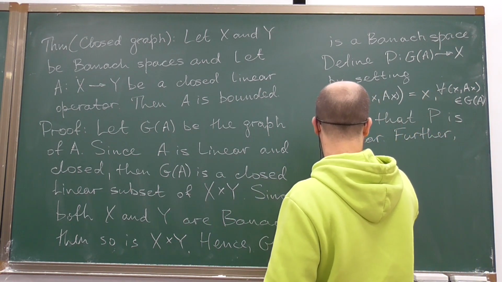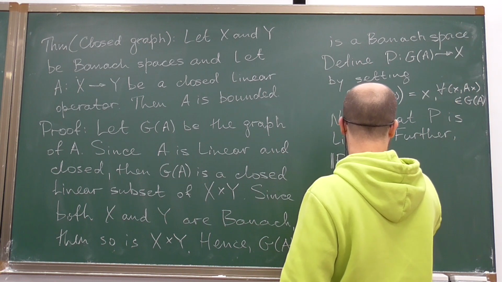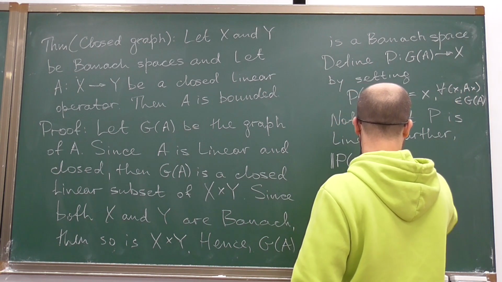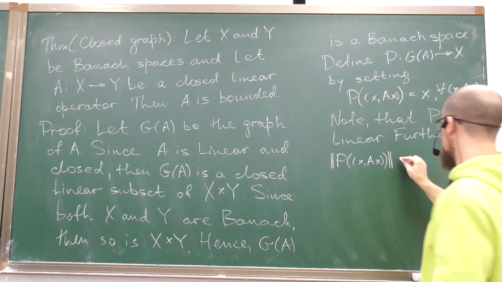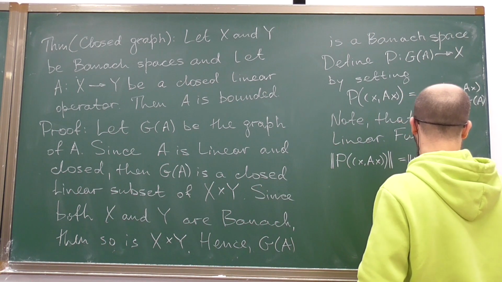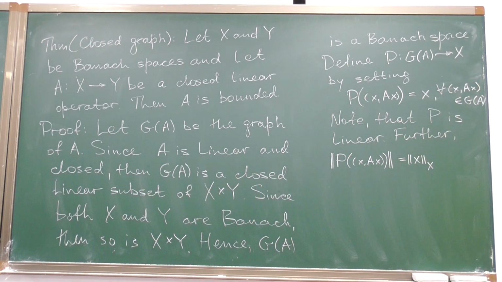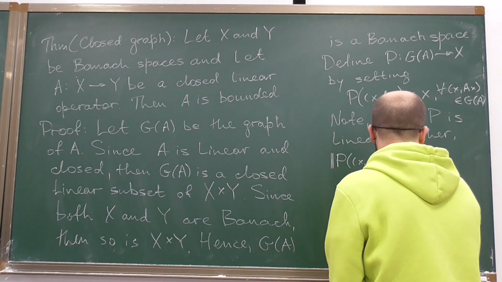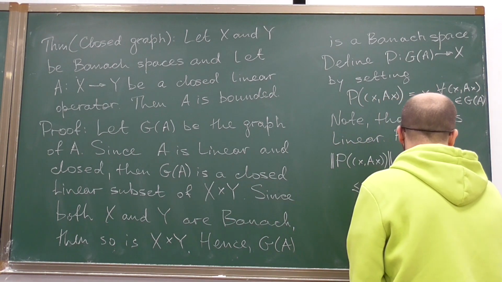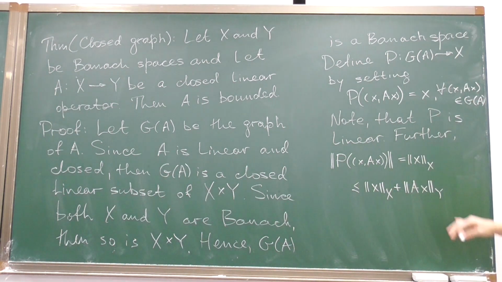Let us consider the norm of P of (x, A of x), which by definition of P is nothing but the norm of x in X. Now, I estimate it from above by adding the norm of Ax, but this is the norm in the Cartesian product of the pair x, A of x.